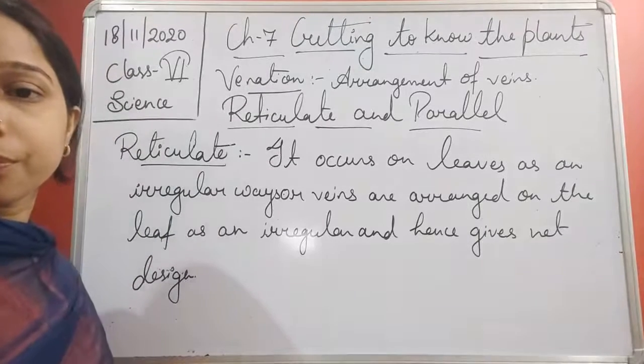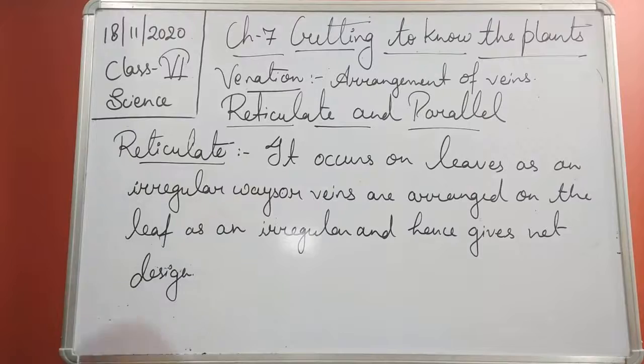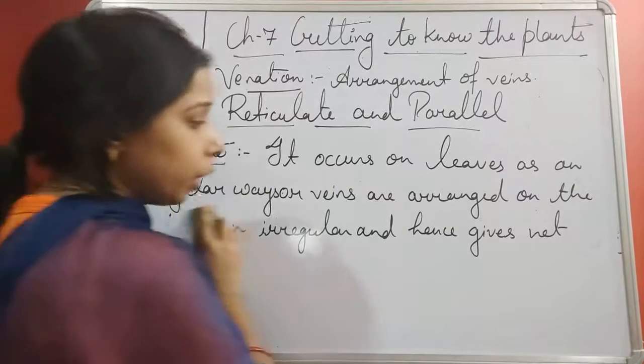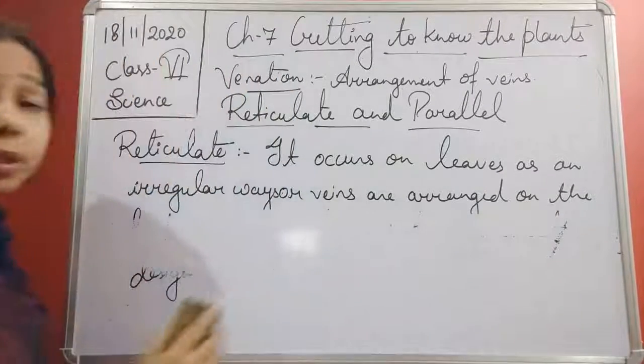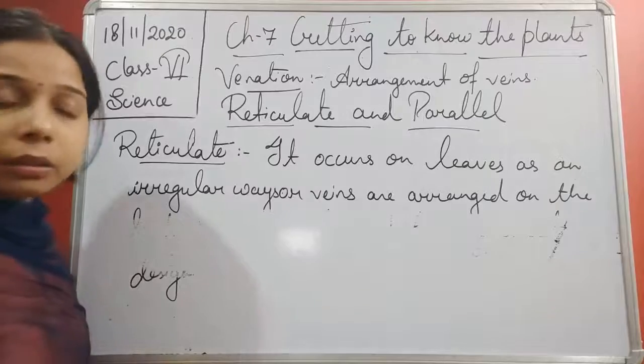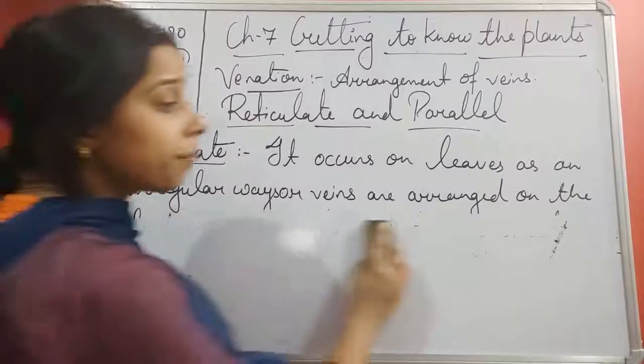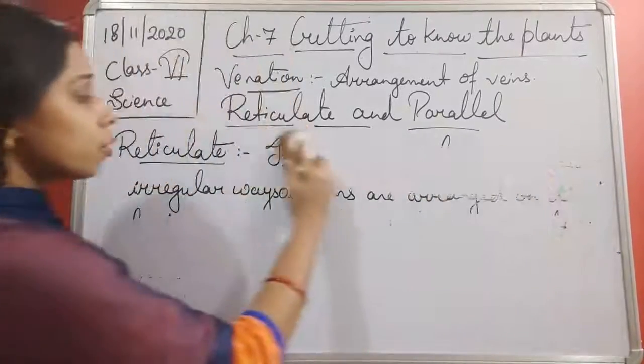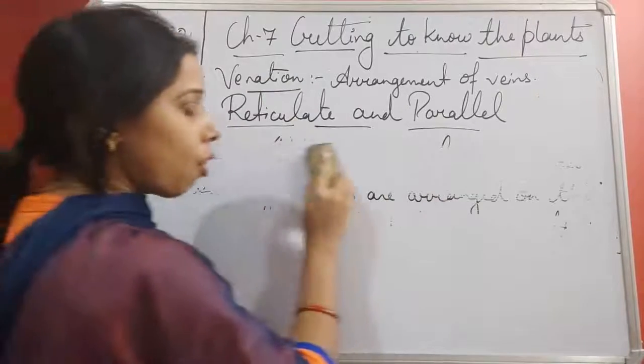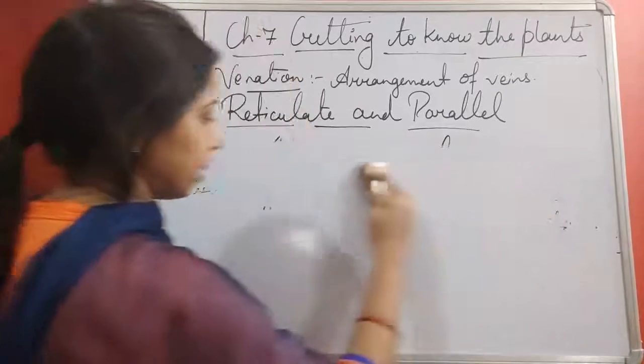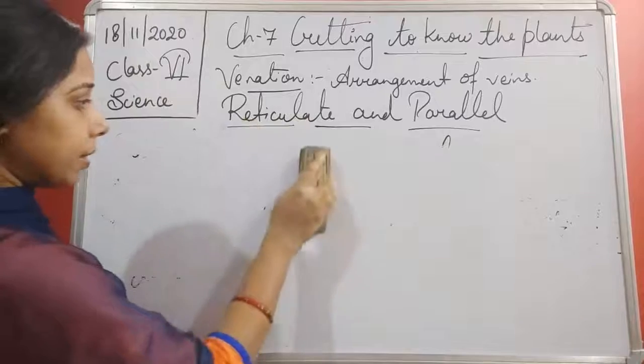So if we are saying, students, that in a reticulate venation it gives out a net-like pattern, how is this design formed? Let us try to understand this.